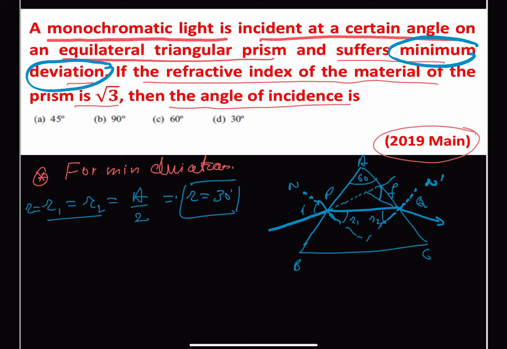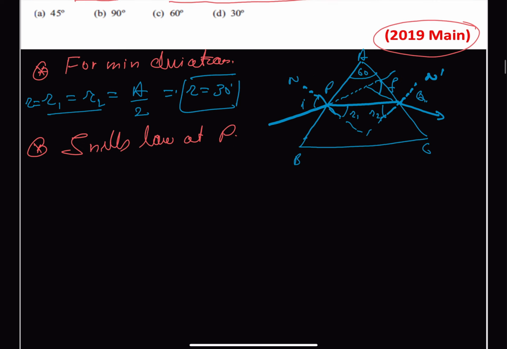So Snell's law at P gives us mu1 sine of I is equal to mu2 sine of R1.